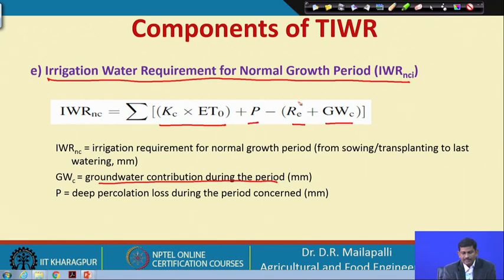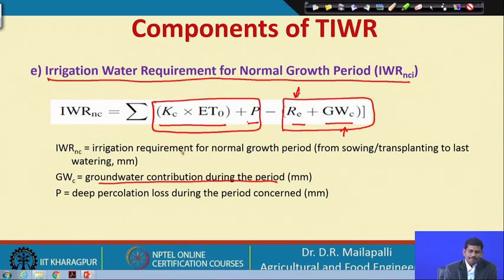These two are positive because Re is from precipitation and GWC is from groundwater, so this water you are adding. P is a loss. These are the losses and these are the inputs. This is the demand of the crop, and then P is the depercolation.